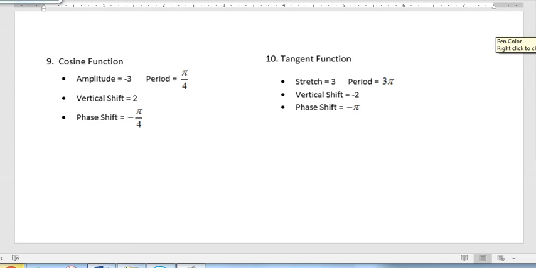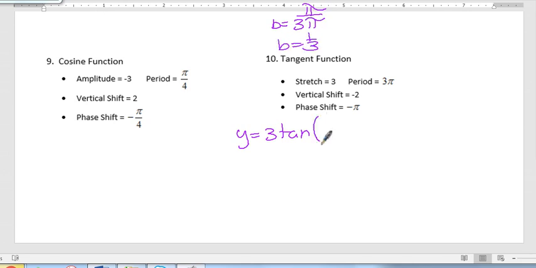I'm looking for a tangent function. I got a stretch of 3. Tells me the period is 3 pi. So b is going to be the normal period for tangent, which is pi, divided by the current. So I get a b value of 1/3. It is showing a phase shift.